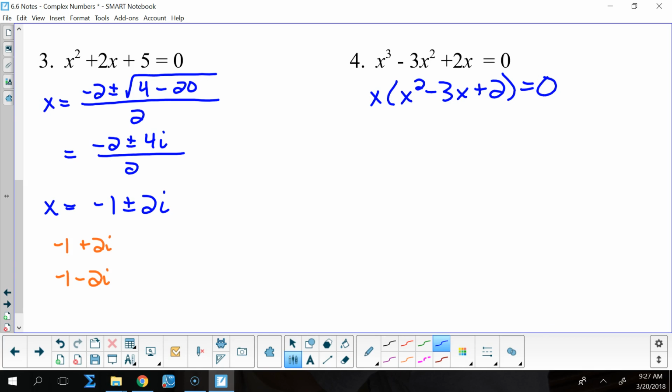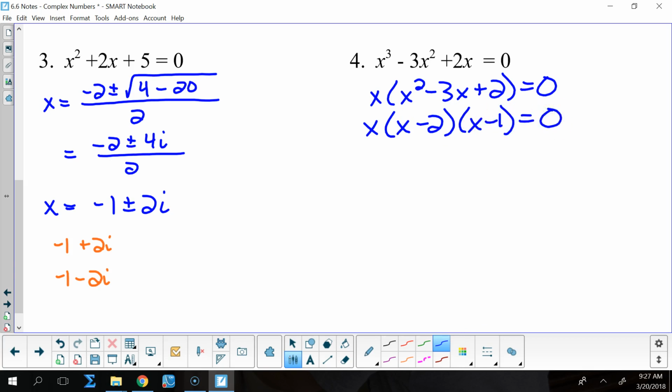Two numbers that multiply together to be positive 2 and add to be negative 3. What are they? Negative 2 and negative 1. So then this becomes x minus 2 and x minus 1.